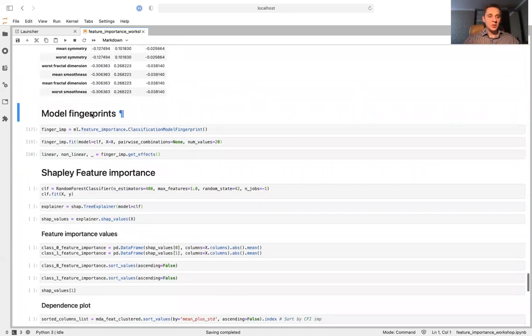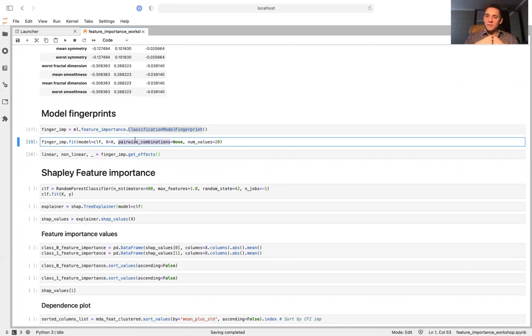So now let's take a look at the model fingerprints algorithm. How do we use that? We use the ML feature importance classification model fingerprint, and we just need to fit our algorithm. So we use our classifier, we specify X. So what is the pairwise combinations value?